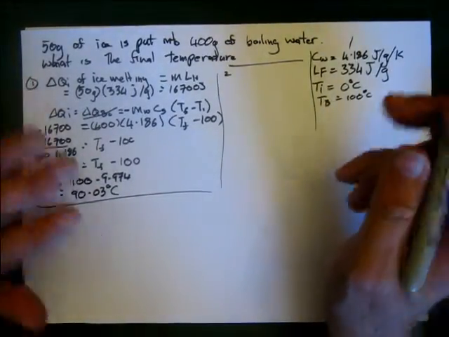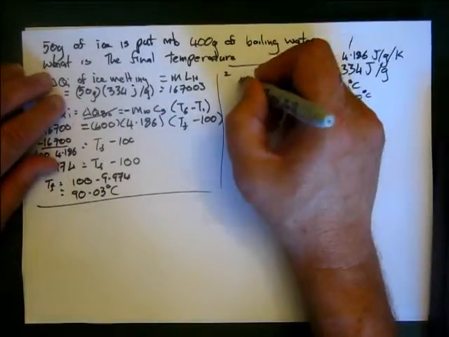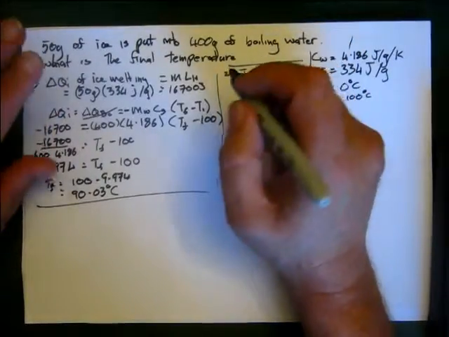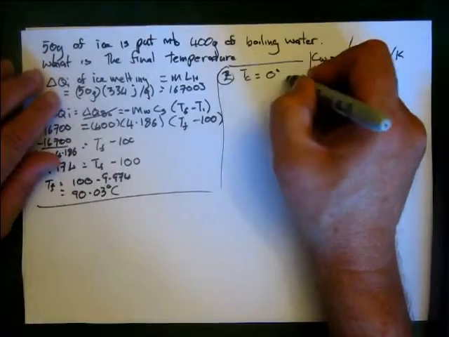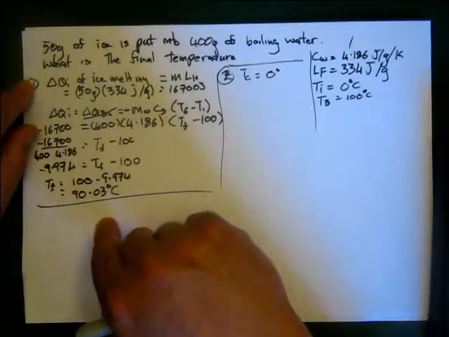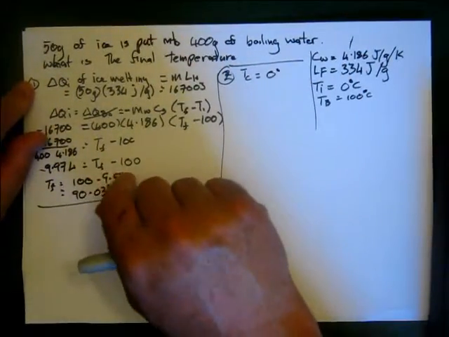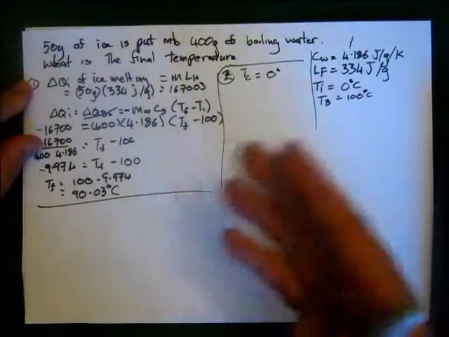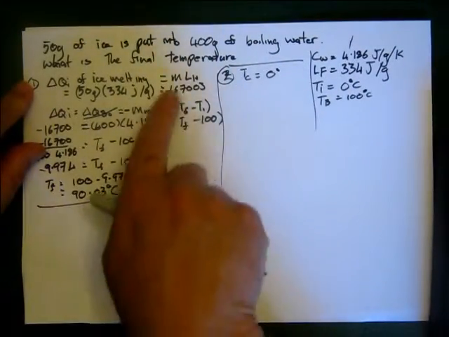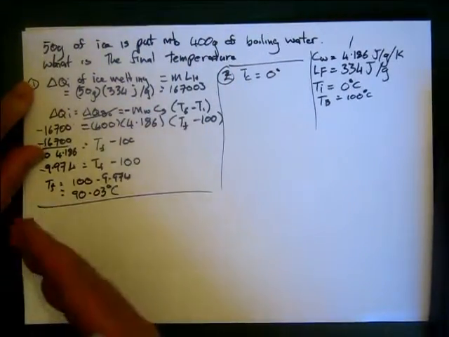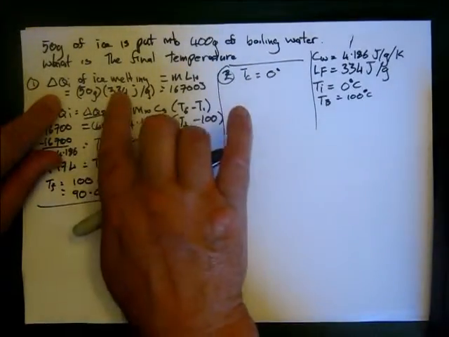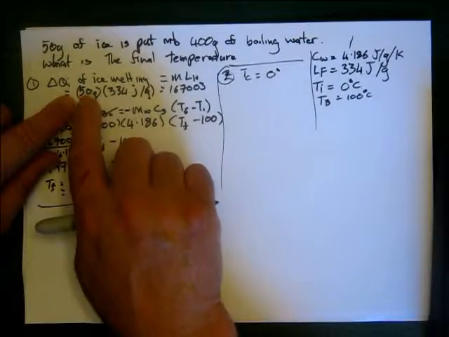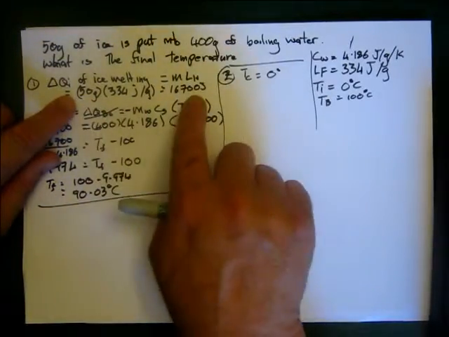So this is stage 1. So stage 2, well, what are we going to do now? We now know that the temperature of the cold water for the second part is still 0 degrees Celsius. Remember, when the ice melted, it did not change temperature, it changed phase. So all of this energy up here was to change it from solid into liquid. It doesn't change the temperature. So the cold water, this 50 grams, is still 0 degrees Celsius.